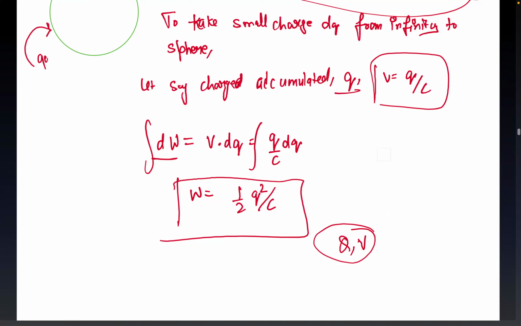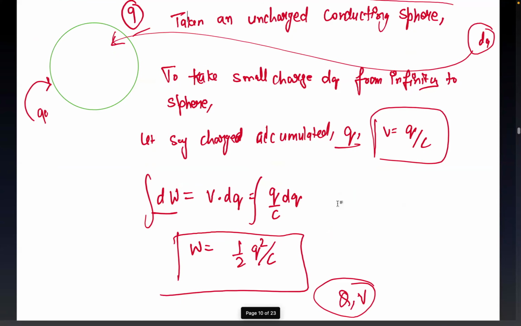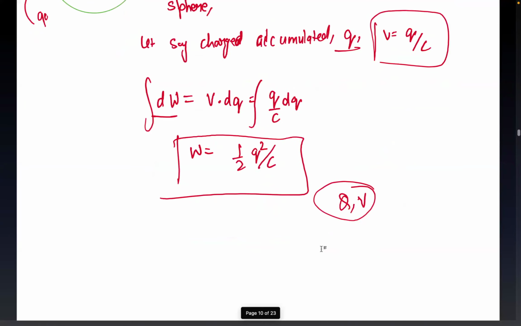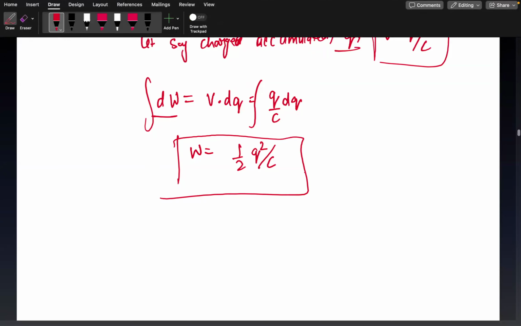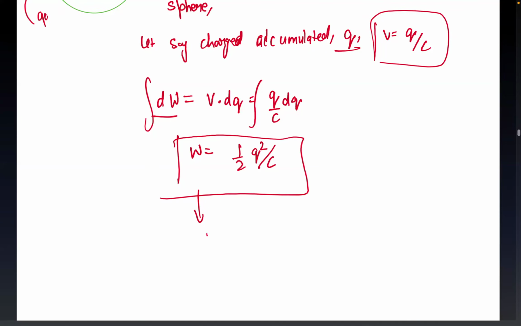So how much work did I do in earlier cases? That is nothing but total Q multiplied by V, right? Potential and the charge. But how much charge is stored here? Only half of the amount. So you can call it potential energy, half Q square divided by C. Call it capital Q, because this is the final charge.